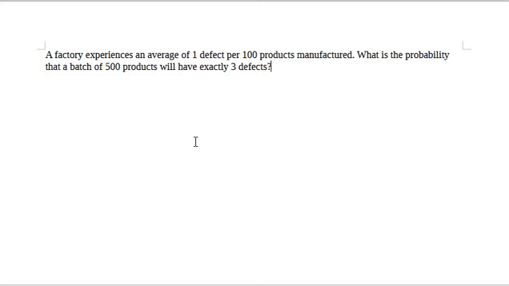So this is the problem: a factory experiences an average of one defect per 100 products manufactured. What is the probability that a batch of 500 products will have exactly three defects?